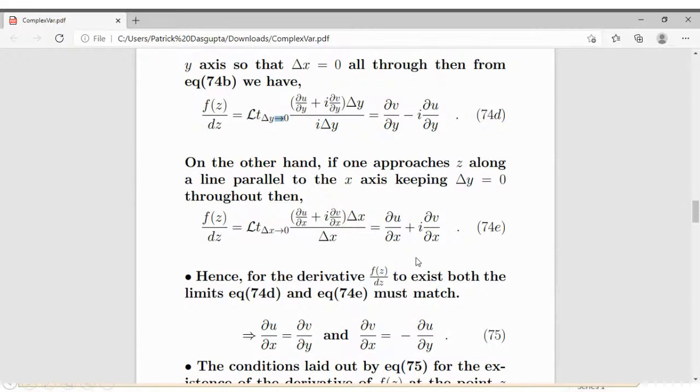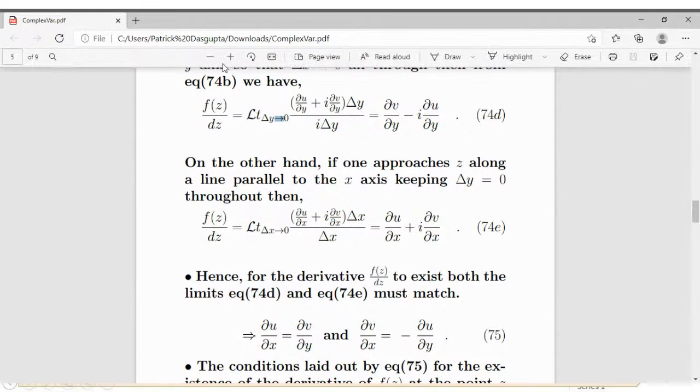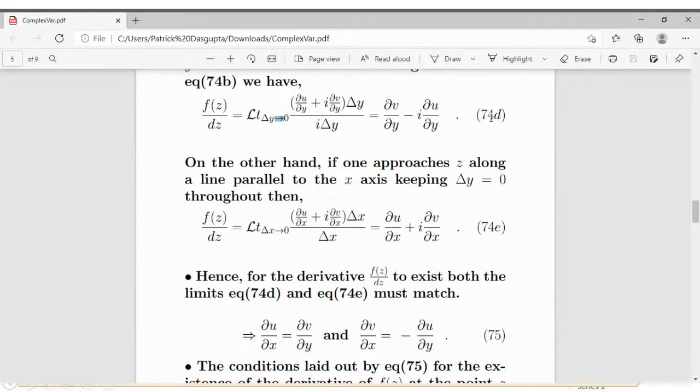So now look at the bizarre thing that we have arrived at. The same function, its derivative dfz by dz, if you approach z along a line parallel to y-axis, you get the result summarized by equation 74d, while if you approach z along a line parallel to x-axis, then dfz by dz is del u by del x plus iota del v by del x.